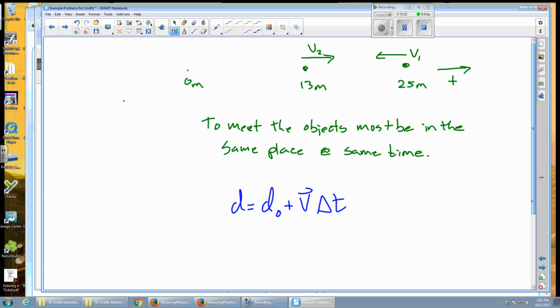So, for object 2, let's say I end up at D, I start at 13 meters, I'm moving at some velocity V2, and I move for 0.62 seconds. Right? That's object number 2.